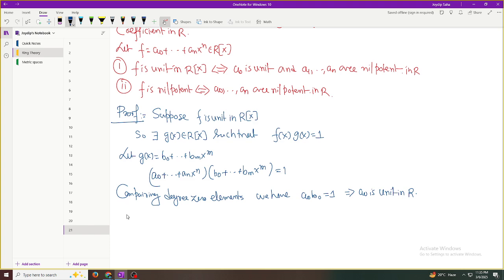Now let P belong to spectrum of R, a prime ideal of R. Then R mod P is an integral domain.